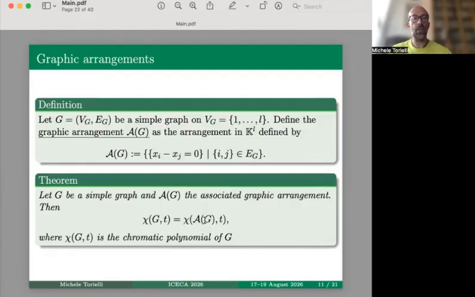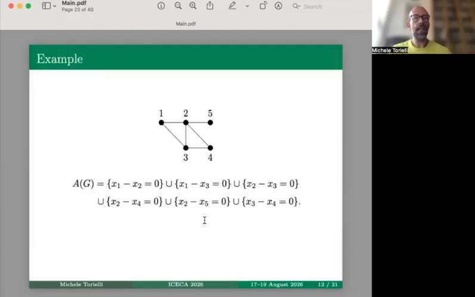And so that's why the formula we saw before about adding or deleting one hyperplane and restricting should seem so familiar to many people. Now, let's see one example. If I have this graph on 5 vertices with 6 edges, I will have a corresponding arrangement in K^5 with 6 hyperplanes.